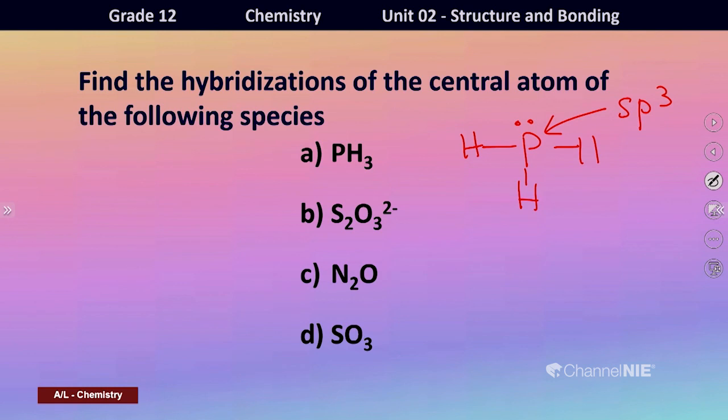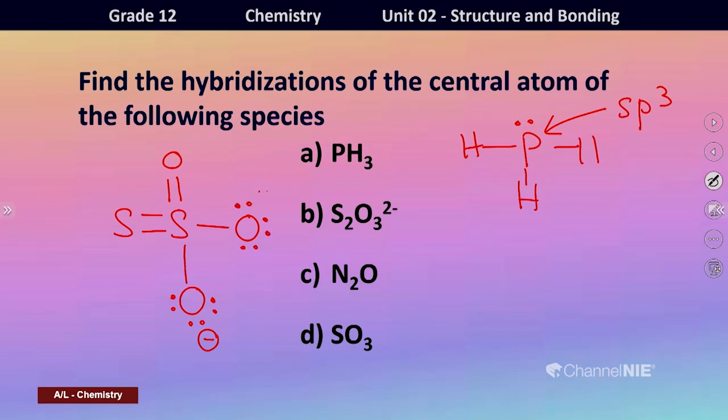Thiosulfate ion, the Lewis structure is this. Now you know the method of drawing the Lewis structure of any molecule or ion. Around this sulfur atom, you can see sigma bonds.